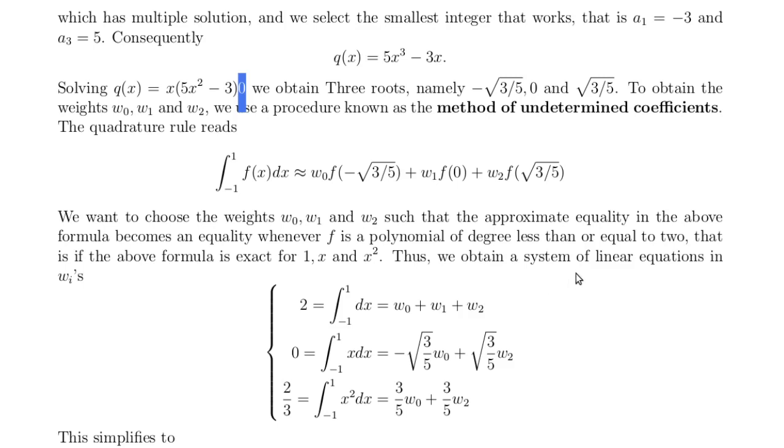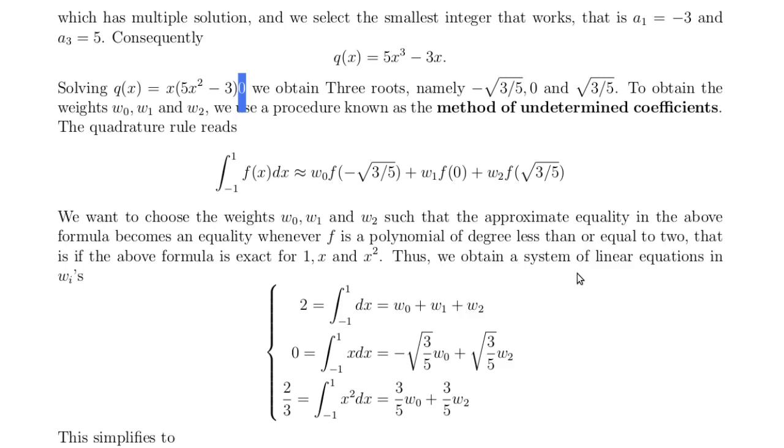In the method of undetermined coefficients, we use the fact that our Gaussian quadrature formula or quadrature rule is exact for polynomials of degree less than or equal to 2N minus 1, or in this case 2n plus 1, where n is equal to 2. So 2n plus 1 will be 5, polynomials of degree less than or equal to 5.